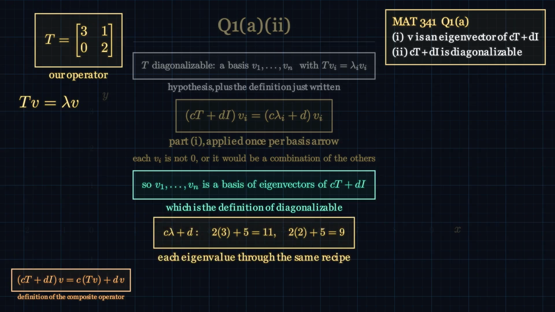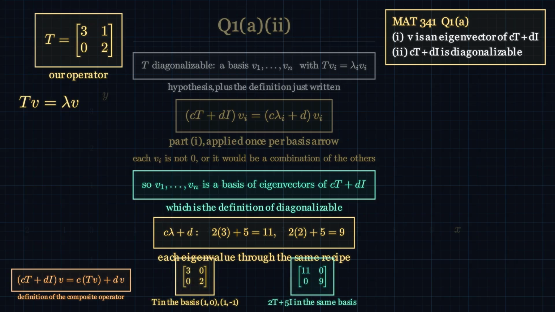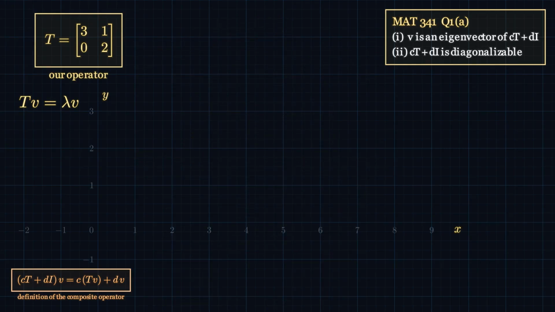Notice you performed no new computation. Part 1 did all the labor. Part 2 is Part 1 applied to each basis direction, plus the definition read honestly. One closing observation that opens the next door.